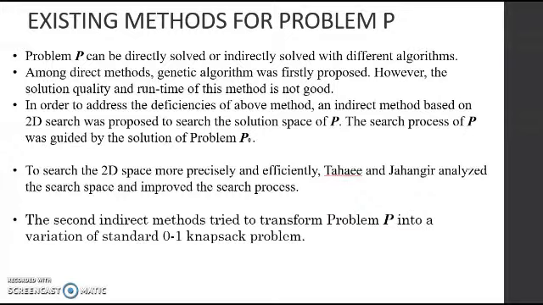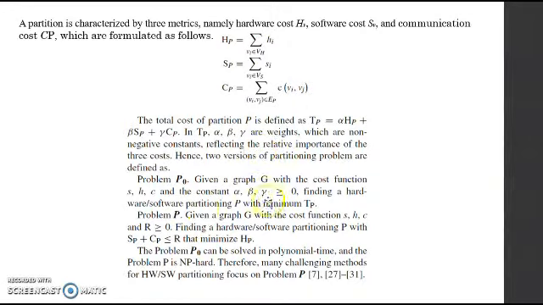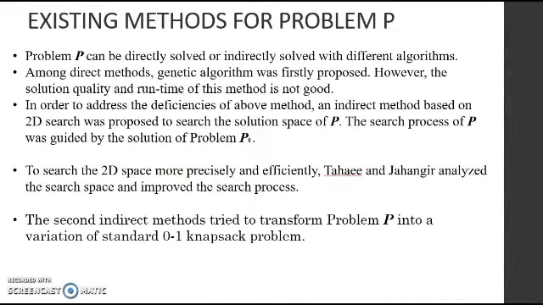Among the direct methods, the genetic algorithm was first proposed. However, the solution quality and runtime of this method are not so good. In order to address the deficiencies of the above method, an indirect method based on 2D search was proposed to search the solution space of P. The search process of P was guided by the solution of problem P naught.